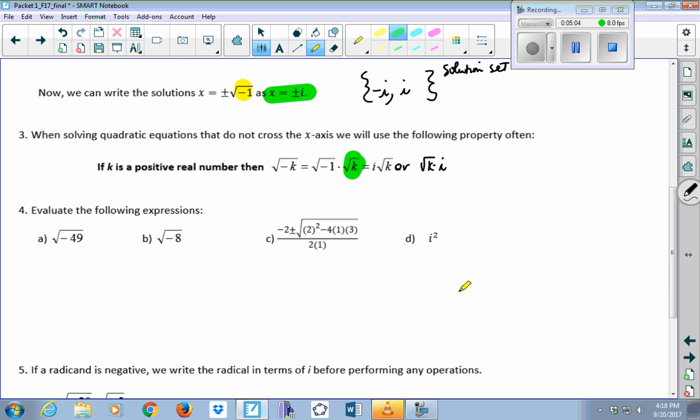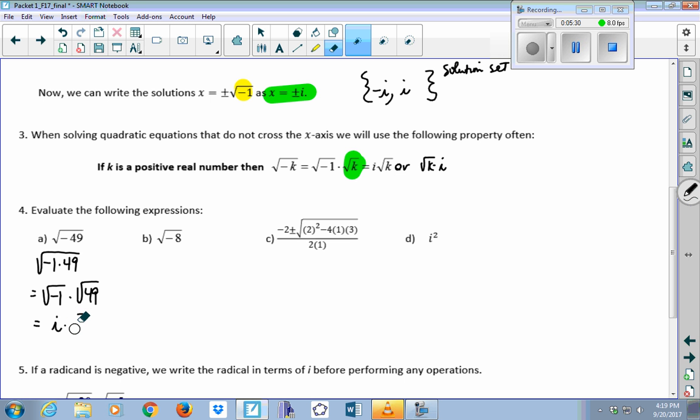So let's take a look at applying this property to this first problem. The square root of negative 49 can be written as the square root of negative 1 times 49. And we can rewrite that as the square root of negative 1 times the square root of 49. And that's i times the square root of 49. I'm going to just simplify that right now.